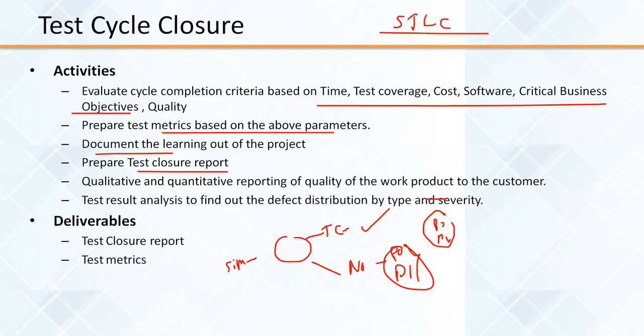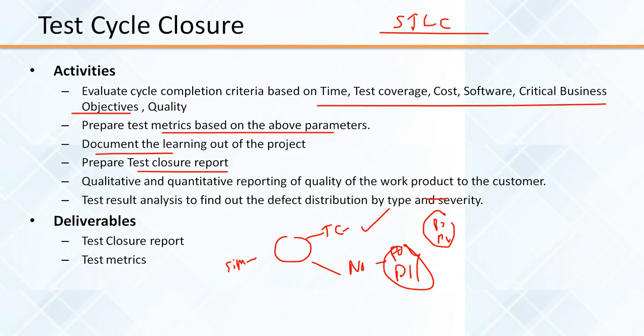During test planning, the main task is preparing the test plan document. In the test designing phase, the main activity is preparing your test scenarios and designing test cases. The main activity during test execution is executing all your test cases based upon priority and identifying the defects. In the defect reporting phase, after identifying the defects, we need to report them to the developer by providing the required information.